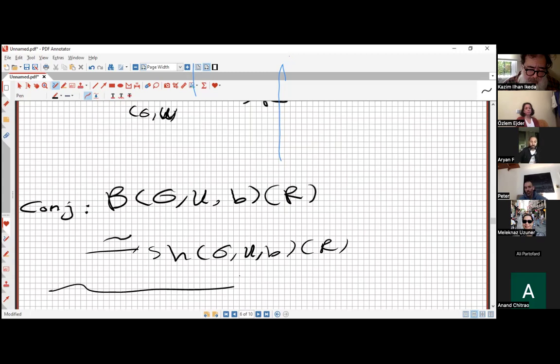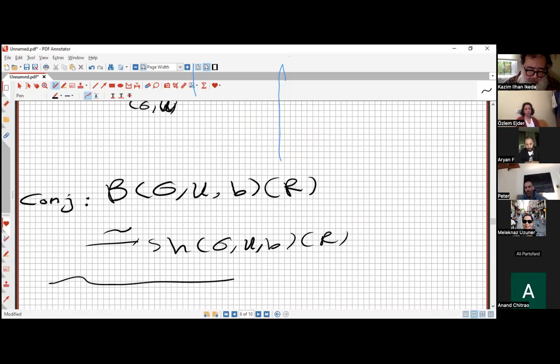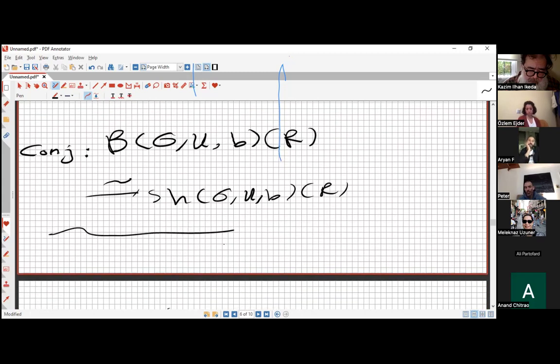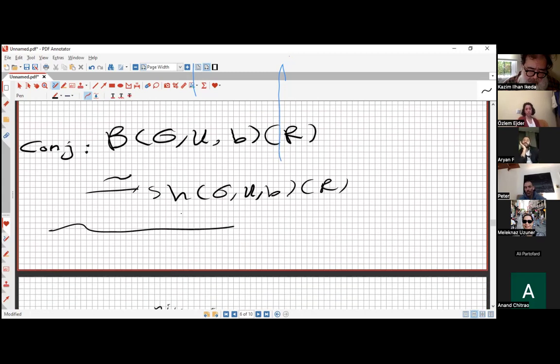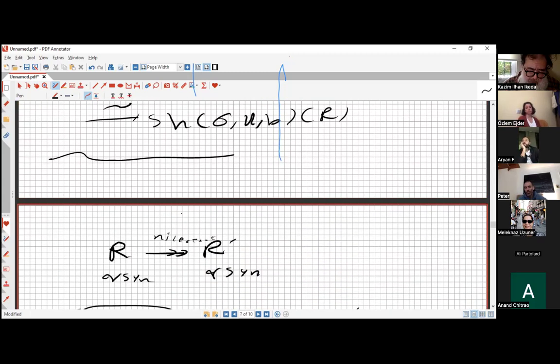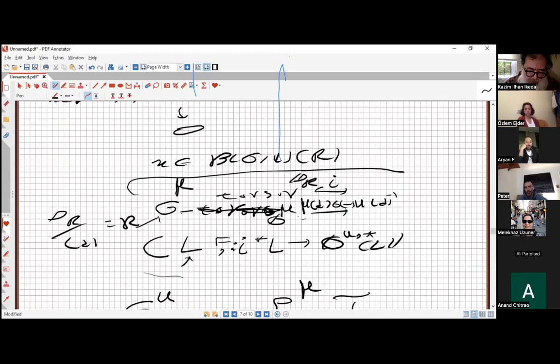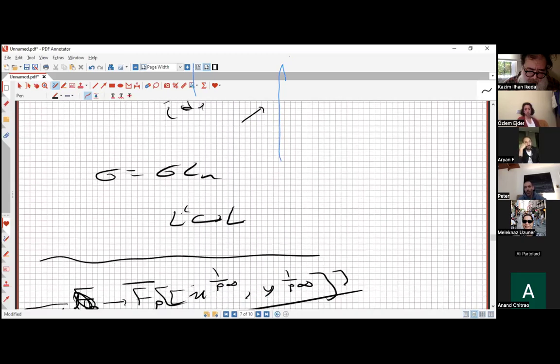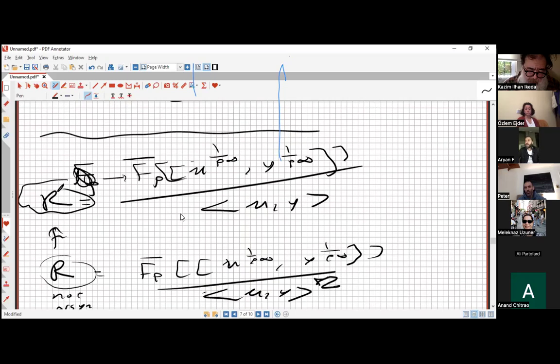So if we know the representability, this is an equivalence, but representability is hard. Another natural question is if we can prove this conjecture without using representability. These are two natural questions that we want to consider.